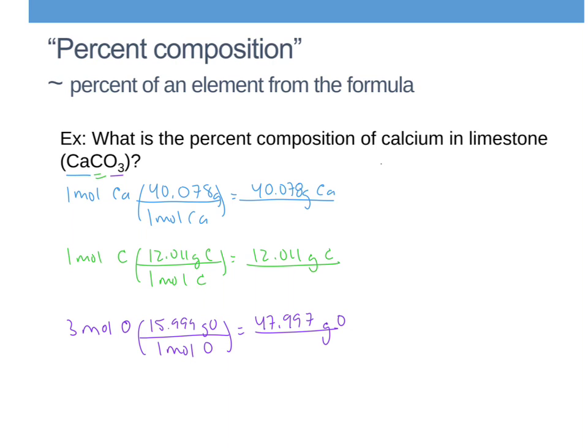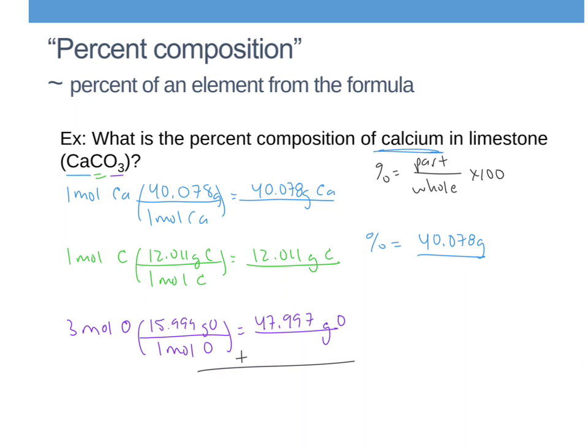And so again, it's the same thing. A percentage equals part over the whole times 100. In this case, the thing that I'm looking for is calcium. So in this case, my part is going to be the 40.078 grams.